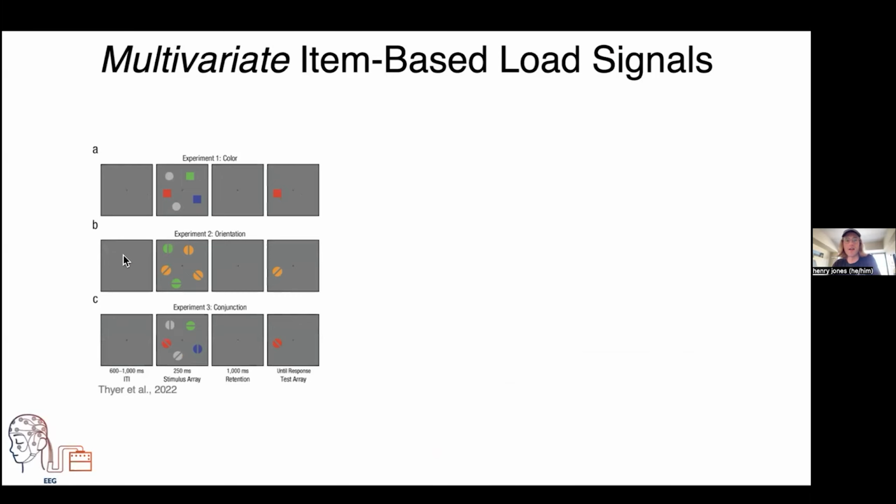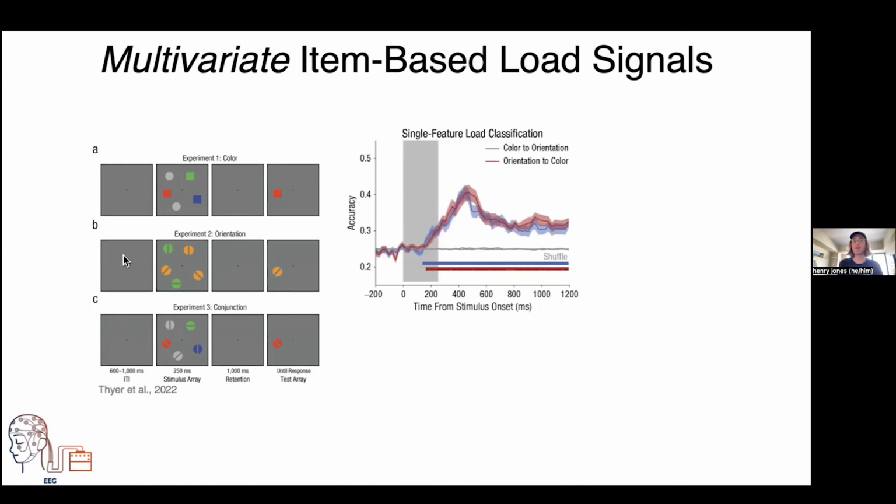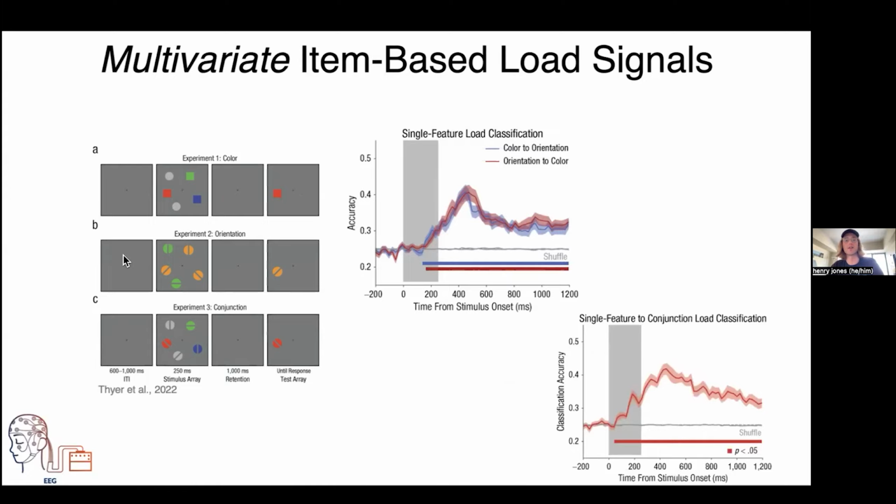And when he did that, he found that when you trained on colors and tested on orientations and vice versa, you saw very strong generalization of this load model, as well as when you trained on a single feature and tested on the conjunctions and vice versa. So this provided a nice multivariate example of a consistent load signal.